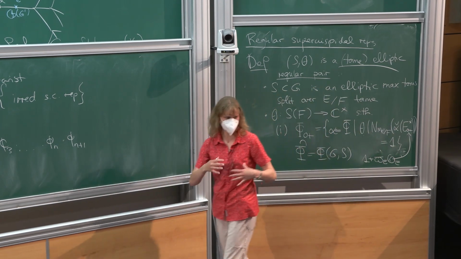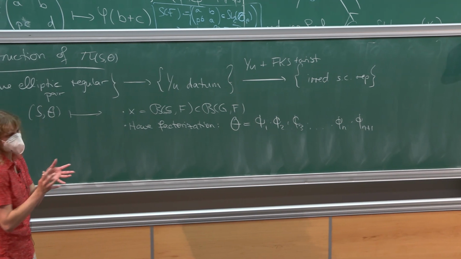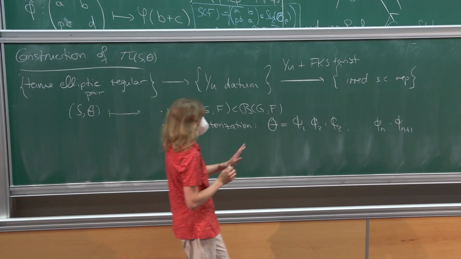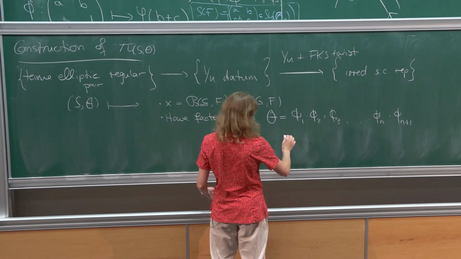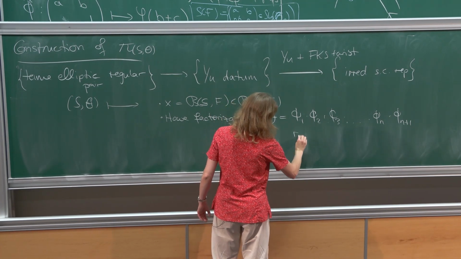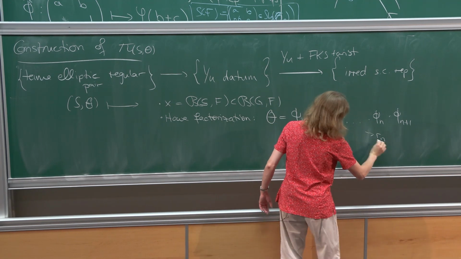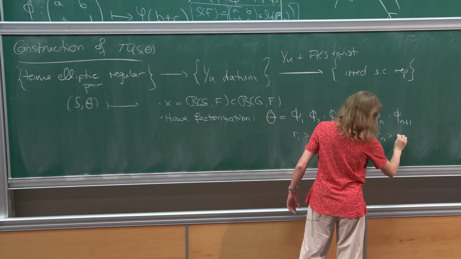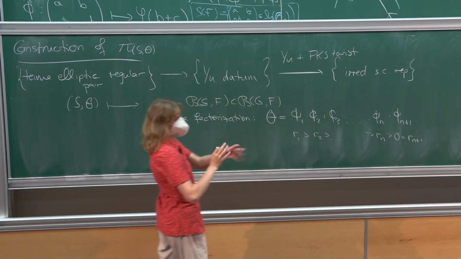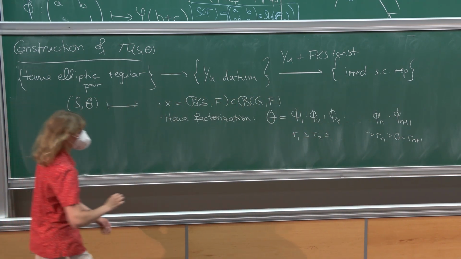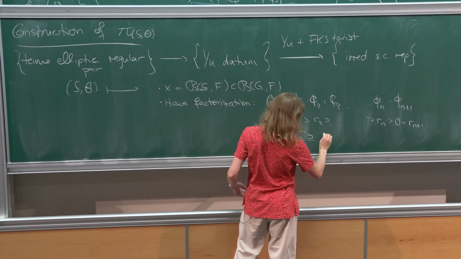And now you can play the same game and plug in all the different depths you like. And thereby you can figure out how to split up the characters. And at the same time, you also get the depths r1, r2, and so on, r1 less than r2 less than ... less than rn, greater than 0, equal to rn plus 1, just by looking at where jumps happen, where interesting things happen. And together with this, you also get the twisted Levi sequence.